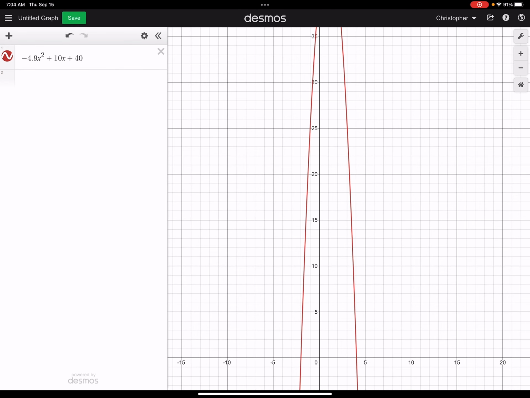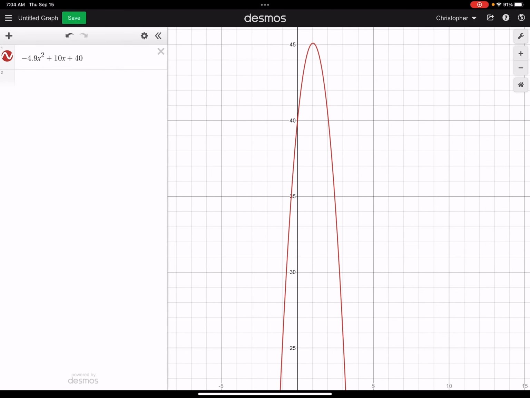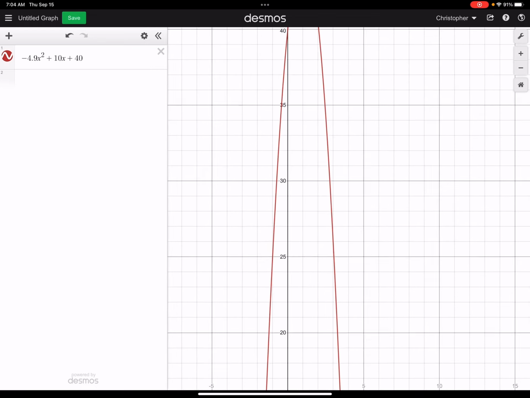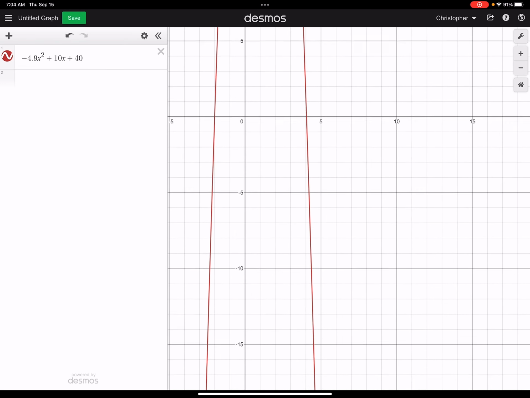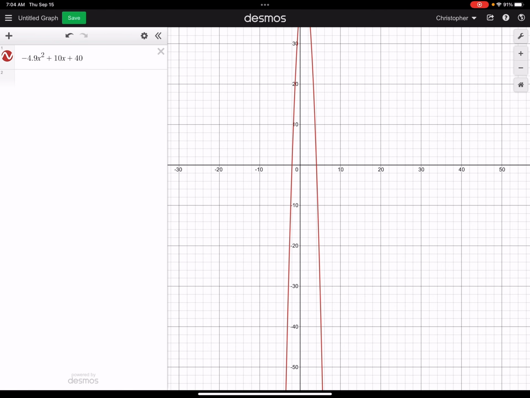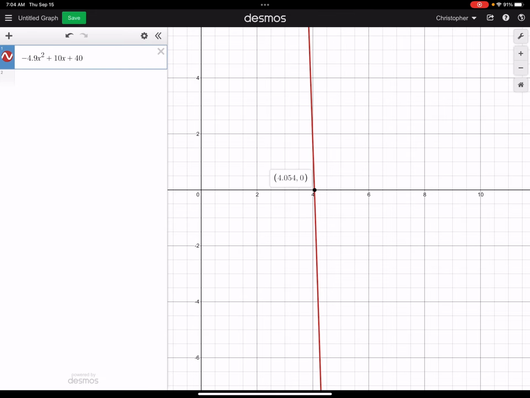So, a few things. One, we clearly see that we have this initial position of 0, 40. We have a maximum at 1.02, and then we hit the ground at 4.054.